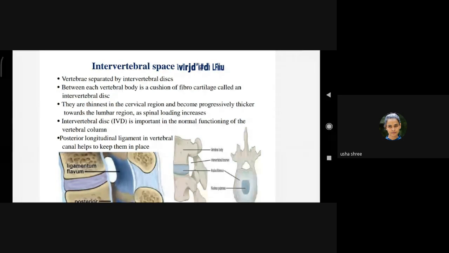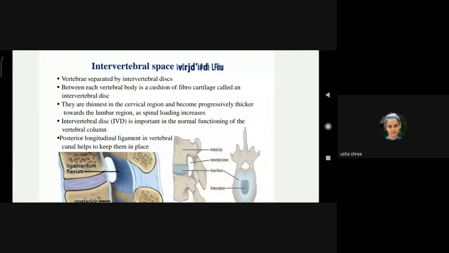But the thing is, the last vertebrae are fused. So do they have any space in between? They might not have any space, ma'am. Yeah, obviously, they are fused. That's why the count is only 26, right, ma'am?